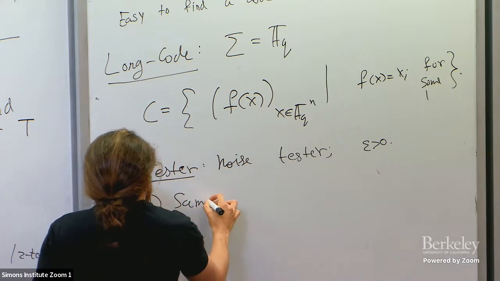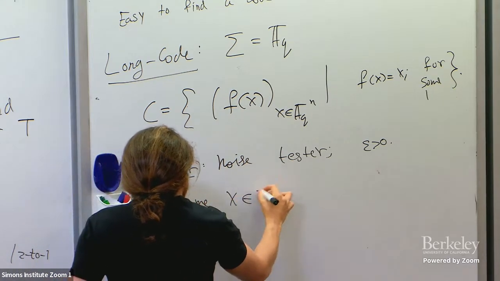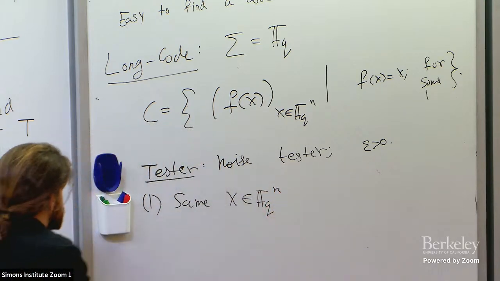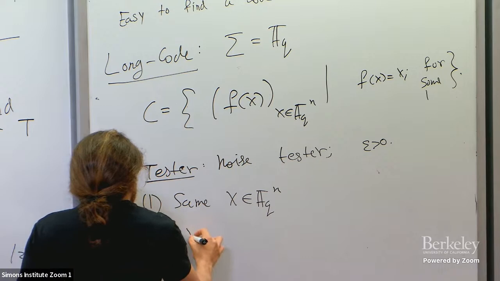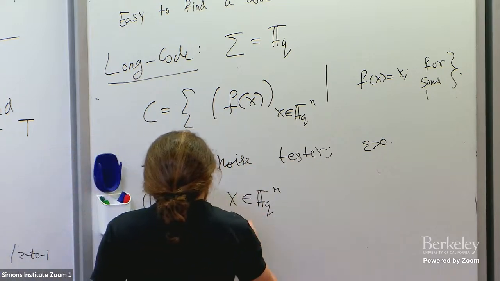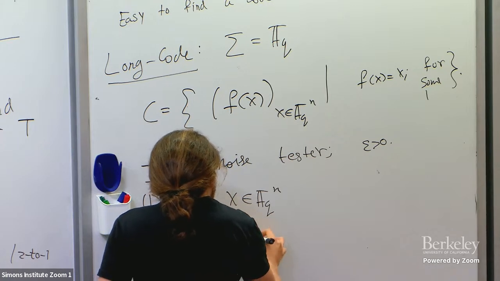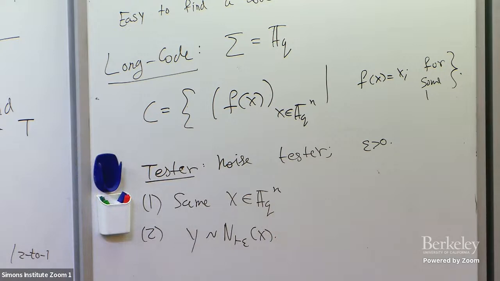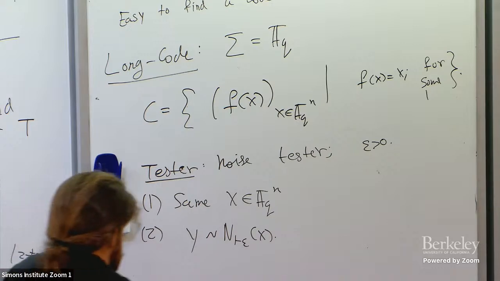Sample a point x uniformly at random from F_q^n. Sample y, which is 1 minus epsilon correlated with x. I'm using noise notation. By that I mean that I keep each coordinate as is with probability 1 minus epsilon, and otherwise I resample it from F_q uniformly and independently.